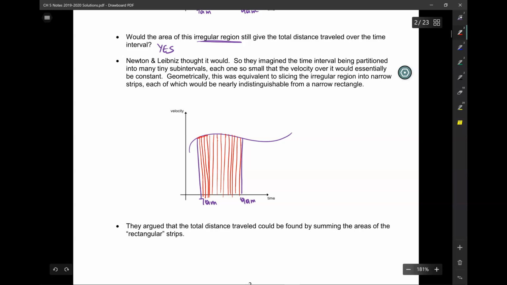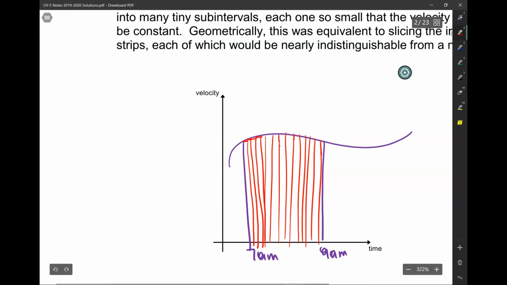Do you guys agree? Okay. So what you have to do is find the area of every single one of these rectangles and then add up all the areas. That's a lot of rectangles to add up. Now, if I zoom in here and make that a rectangle, do you see how there's a tiny little empty space that's not covered?